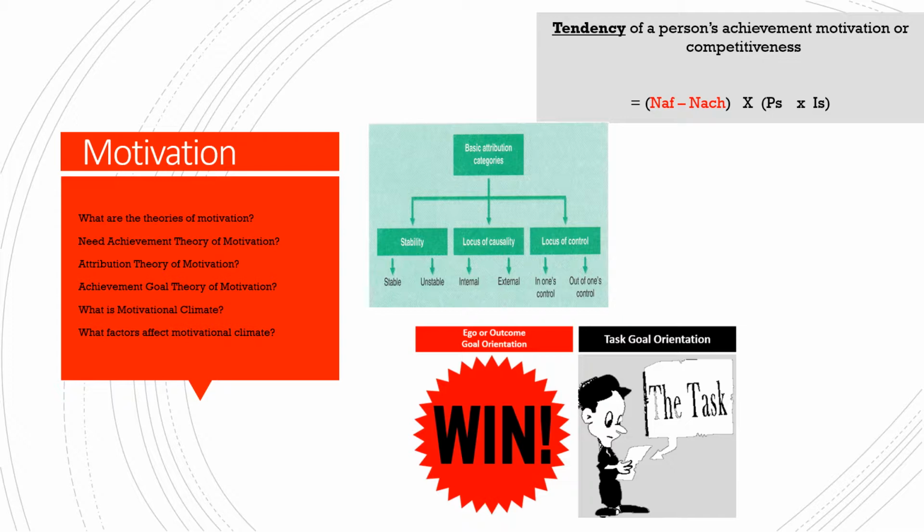So we'll explain each component one by one. So the ego outcome goal orientation. This component is related to individuals who compare themselves with others just to look like they have superior abilities in comparison to others.